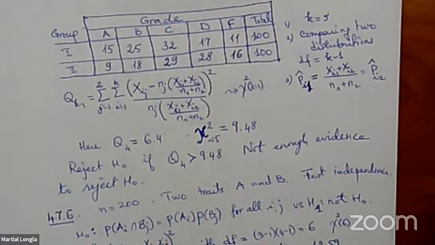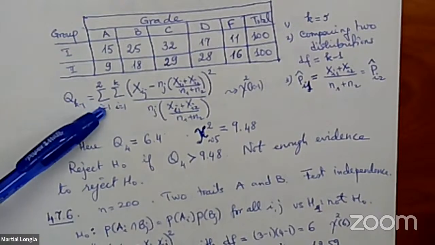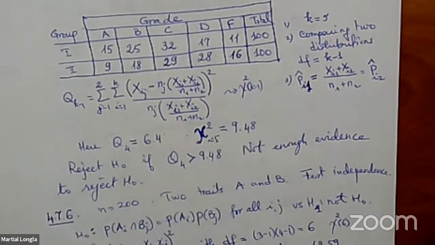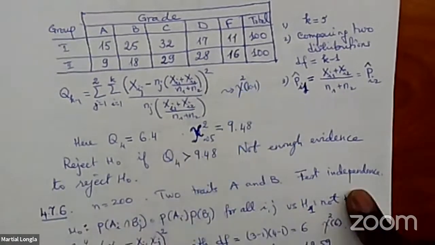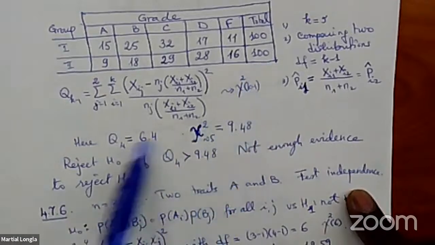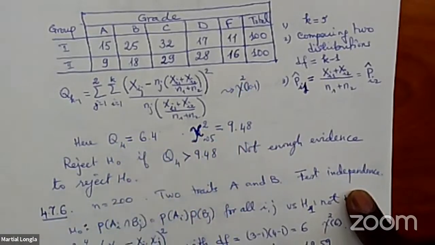Are we still using the standard normal distribution? They would tend to use that. Probabilities are computed using the distribution of the test statistic. The test statistic has its distribution, and that's what you're using. In that problem, you used the standard normal because the test statistic was standard normal. Here you are going to use the distribution that is here, which is chi-square with 4 degrees of freedom, and 6.4.